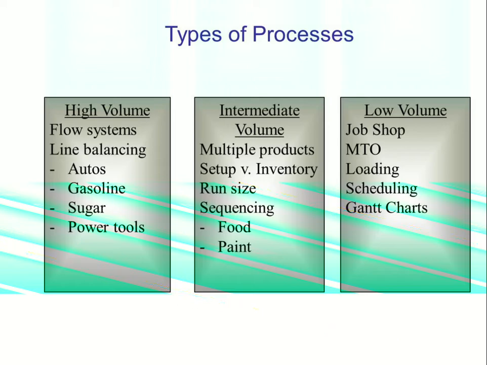So in our cookie situation, where we might have 5 different types of cookies, we need to go through some type of a rotation or a sequencing to ensure that while we want to decrease the run size from infinity down to something more reasonable, we also want to make enough of each cookie that it offsets the time it takes to set up and change over between different cookies or different products. So we're looking for that balance.